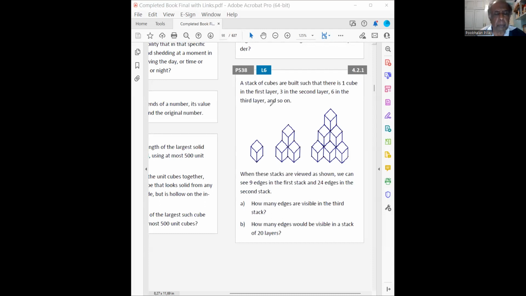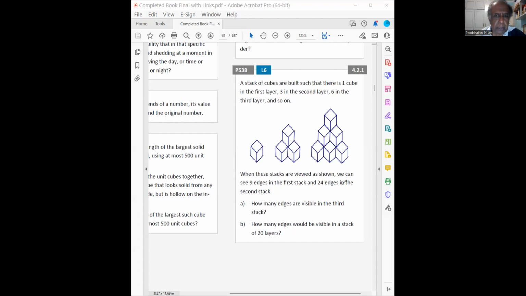So we are looking at this problem here where you've got stacks of cubes shown like this. You got one here and then you've got another stack here. This is obviously standing on something else behind. So there are 3 at the bottom and 1 at the top. So that's 4. But what we are actually looking at is the front of this. And so this is what we see.